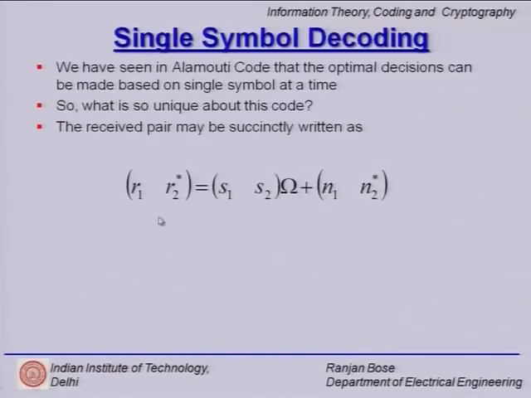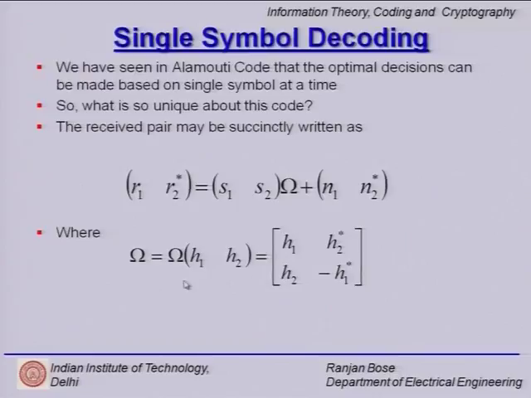What we have is this R1 R2 star pair can be simply written as S1 S2 times omega. What is that? Well, omega is this H matrix, H1 H2, and N1 N2. So, we have just repositioned these parameters and rewritten the received pair as follows.